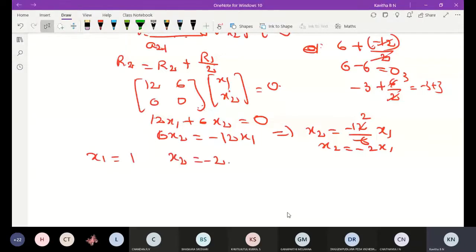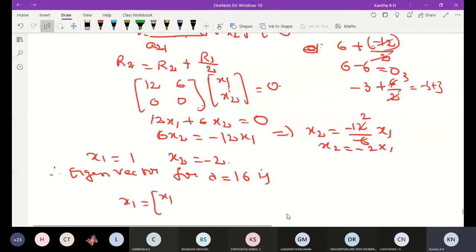Up to this much we completed in the previous class, a 10 marks question. Eigenvector for lambda is equal to 16 is x1, x2.